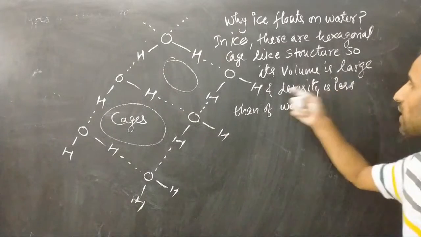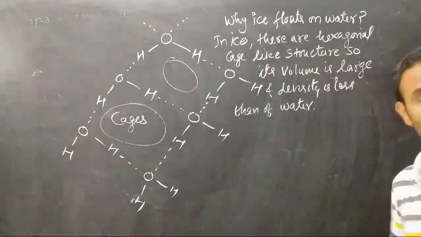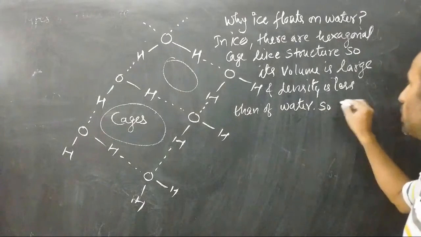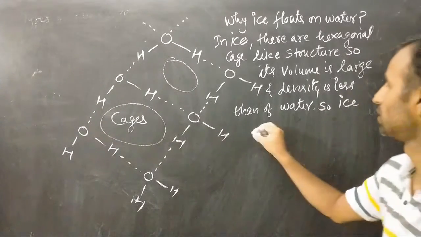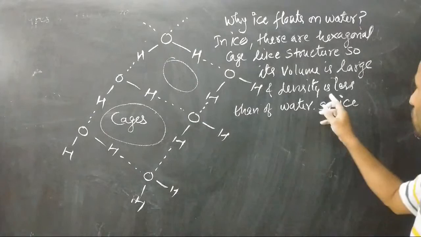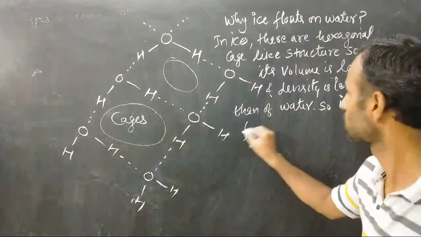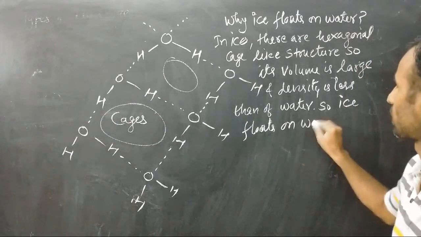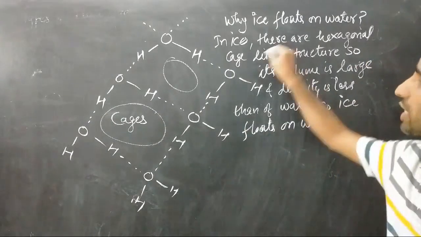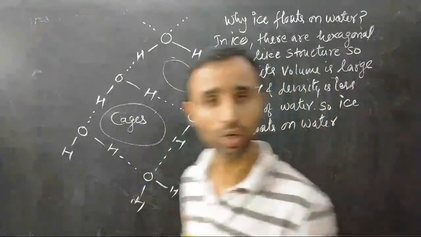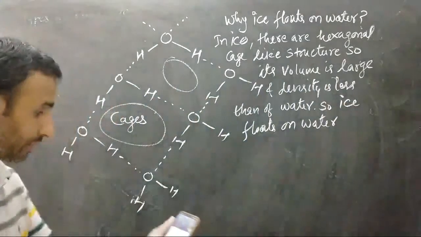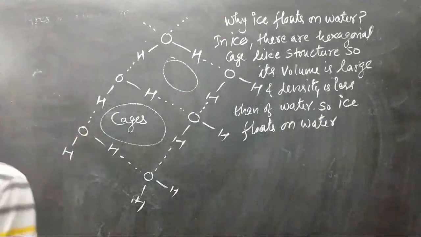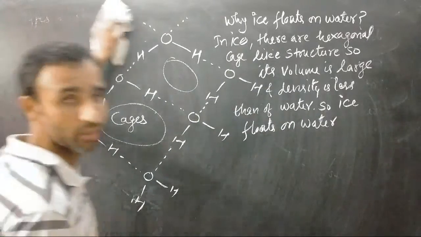So the density of ice is less, so ice floats on water. And how are these cages formed? Because of intermolecular hydrogen bonding. Yes, good beta.